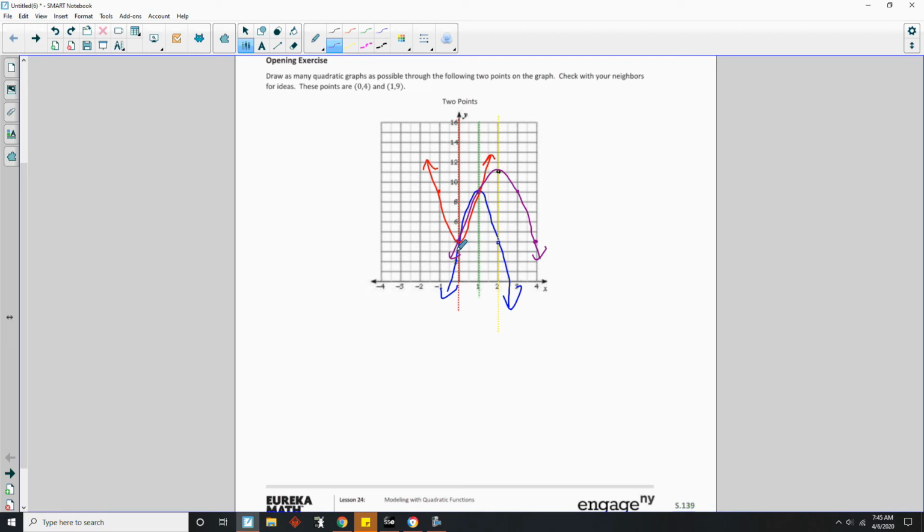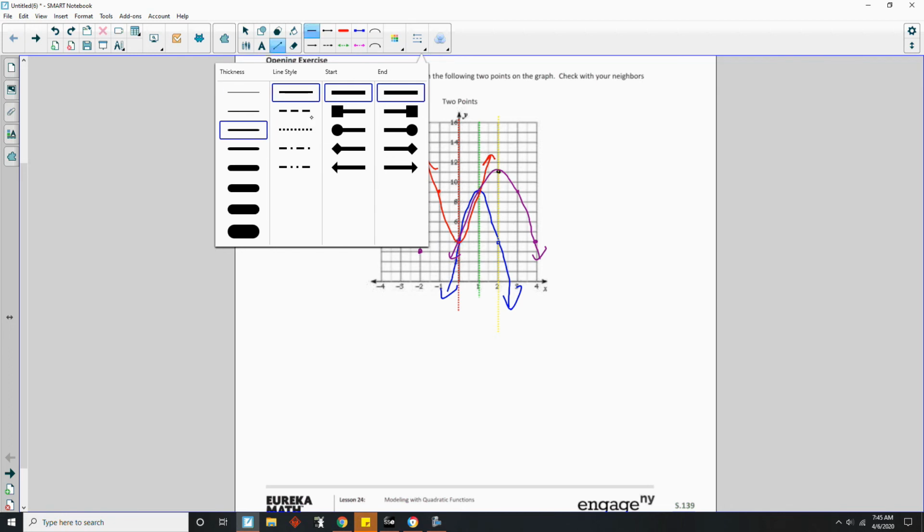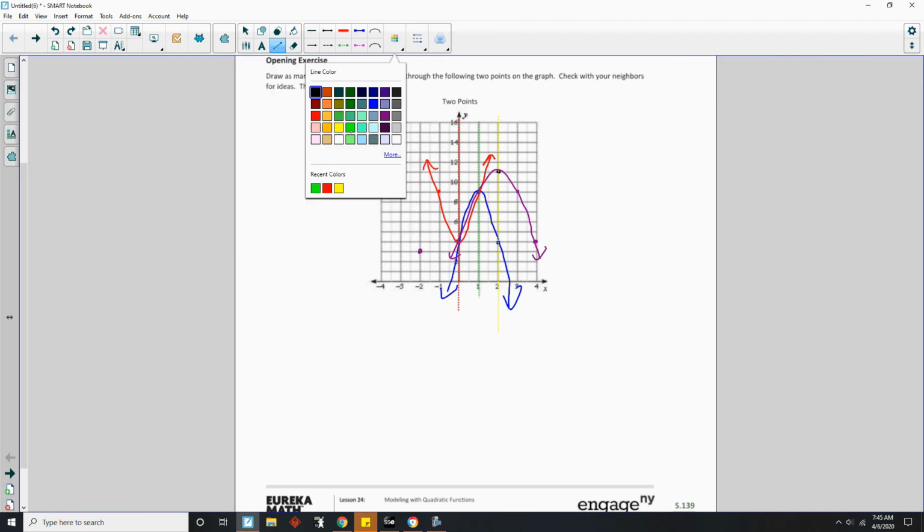I could assume that maybe the vertex was here. And then if I drew my axis of symmetry, I better do this right this time. Let's use orange this time. My axis of symmetry is right here. So if that were the case, then I would have to choose points equidistant from this vertex.